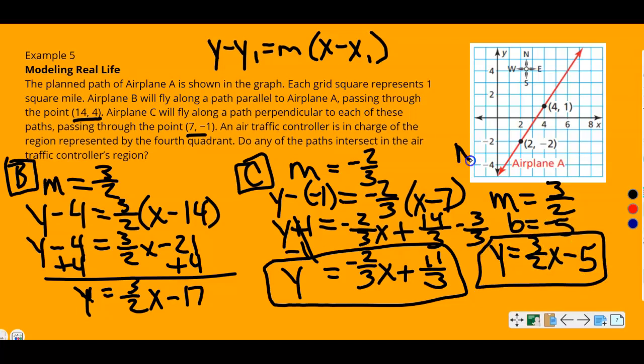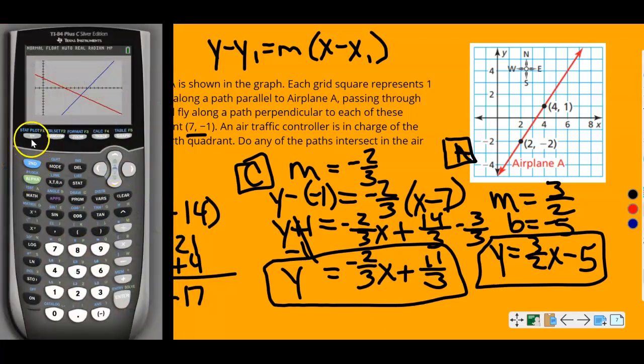That represents A. Now let's graph A. It's just easier to see when they're all on the same picture. Now you can see the two parallel lines and the one that is perpendicular.